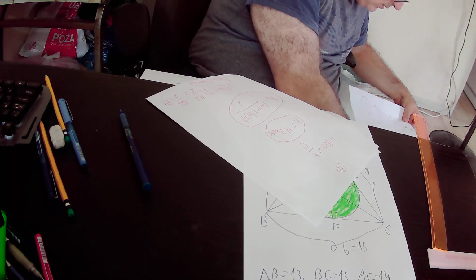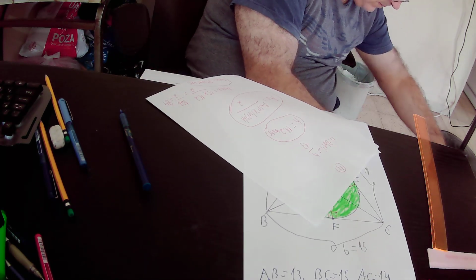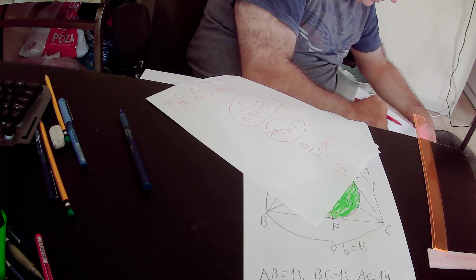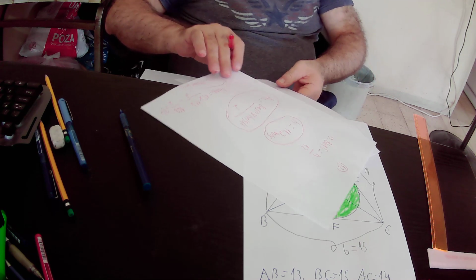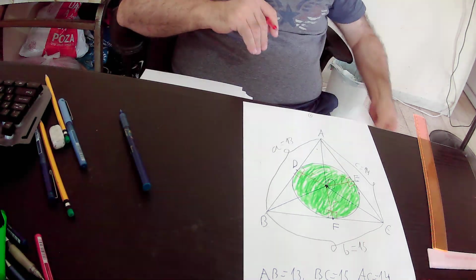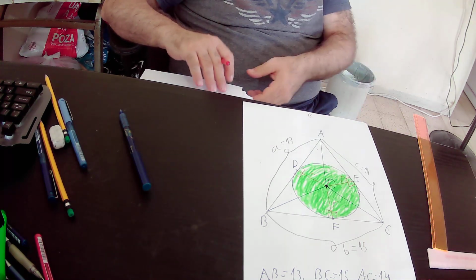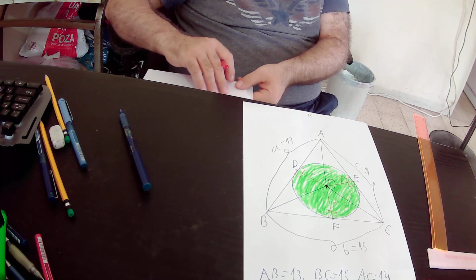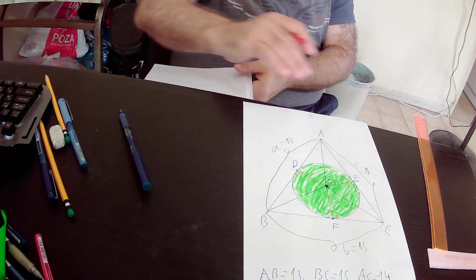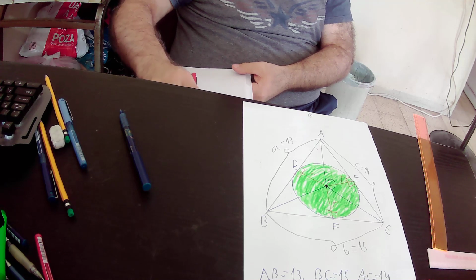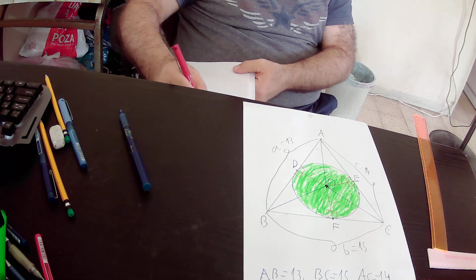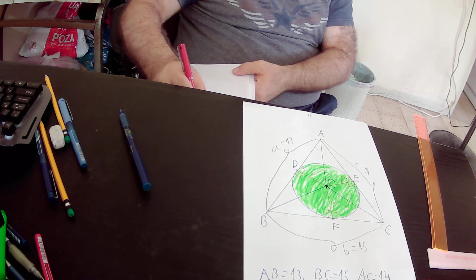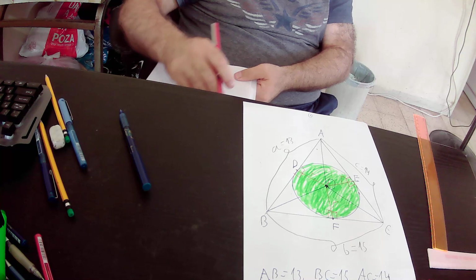So in the next step I will present to you a third way, or a third method, to find out the area of triangle ABC.